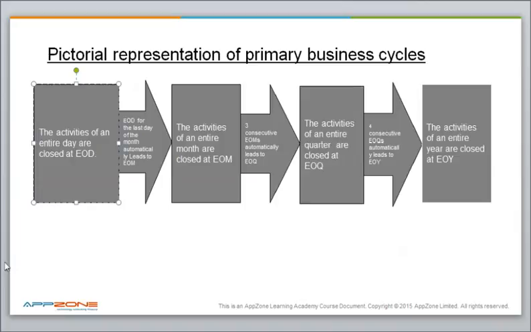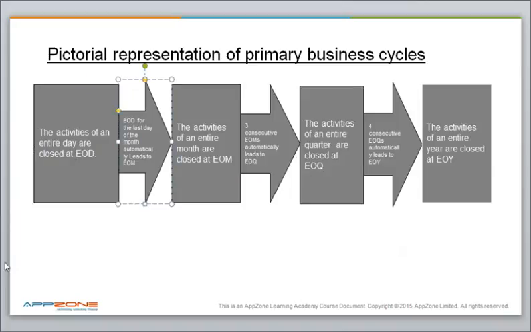Here we say the activities of an entire day are closed at end of day. So once the business is through for the day's activity, the system closes that book, and the process of that closure is called end of day.